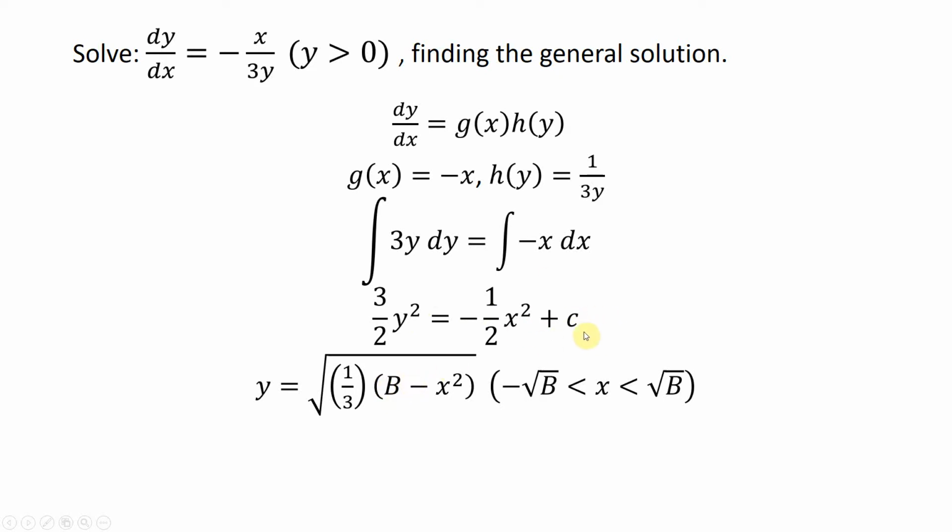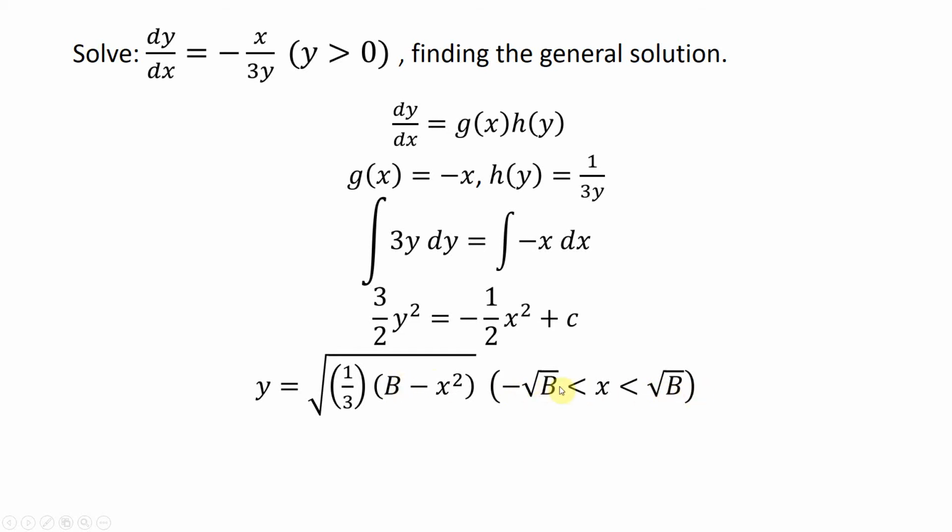You could just leave it as c, but I prefer to be a bit more concise and use a different sign just to show that this arbitrary constant here is not the same as this arbitrary constant here, because it's double that. This expression here is basically because y has to be greater than 0, so x has to be between minus root b and root b.